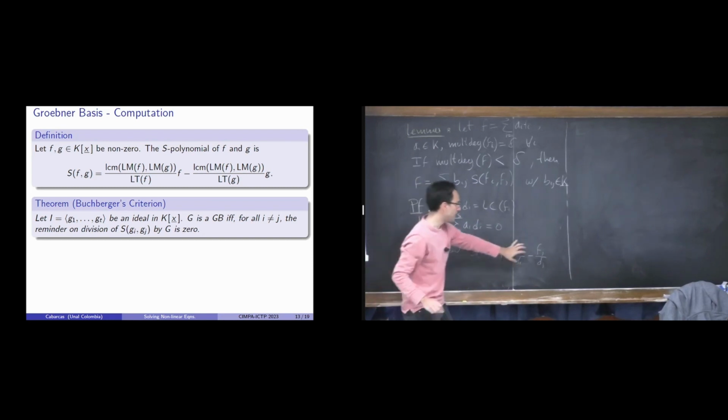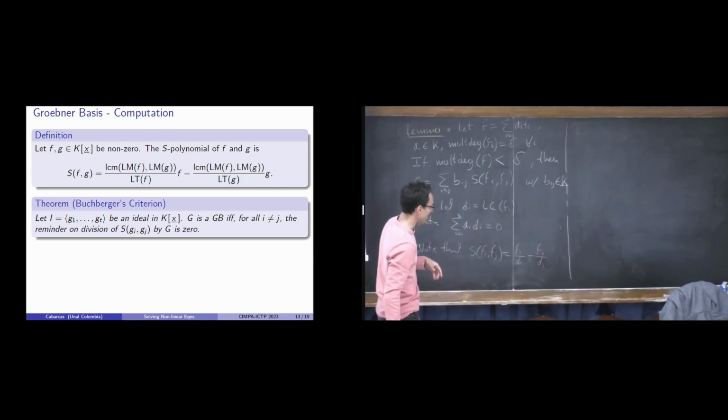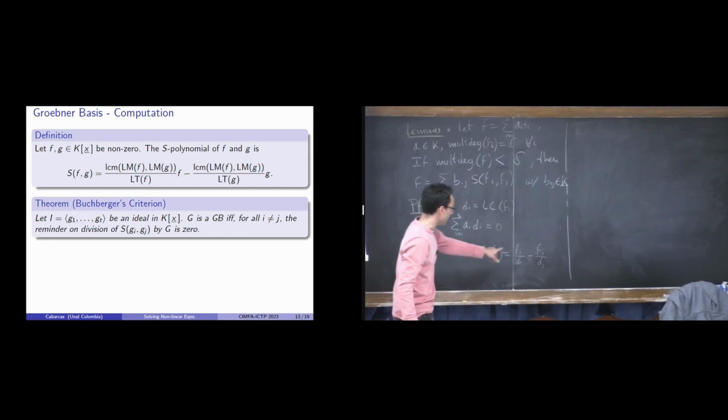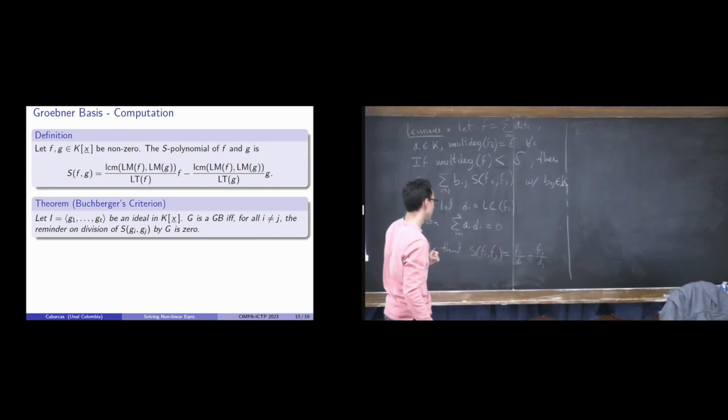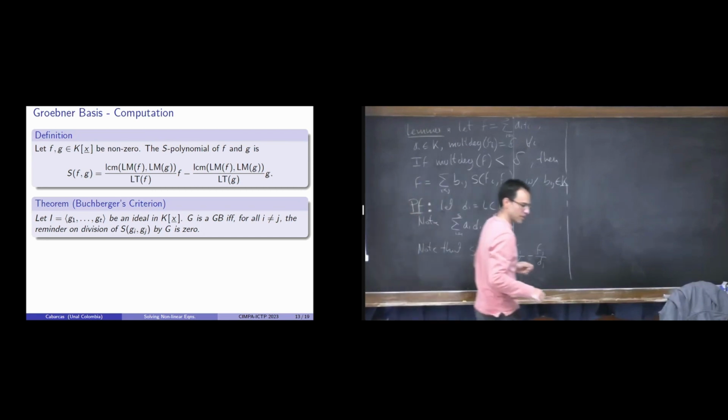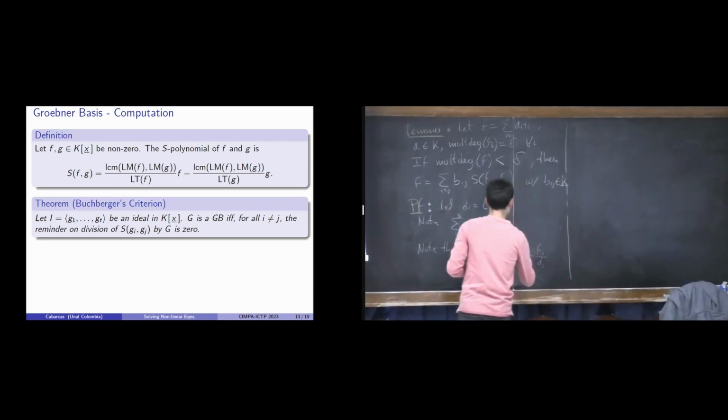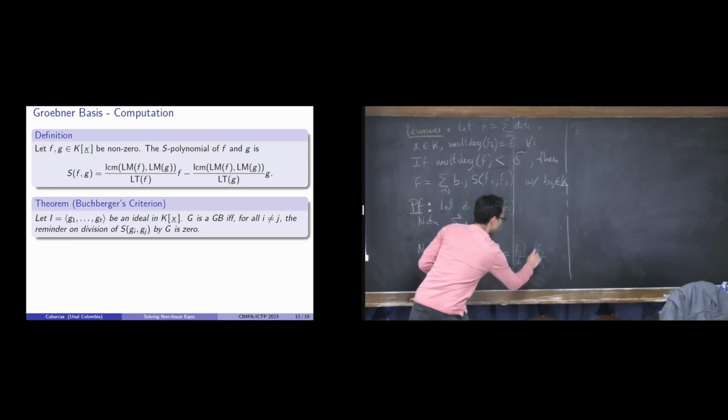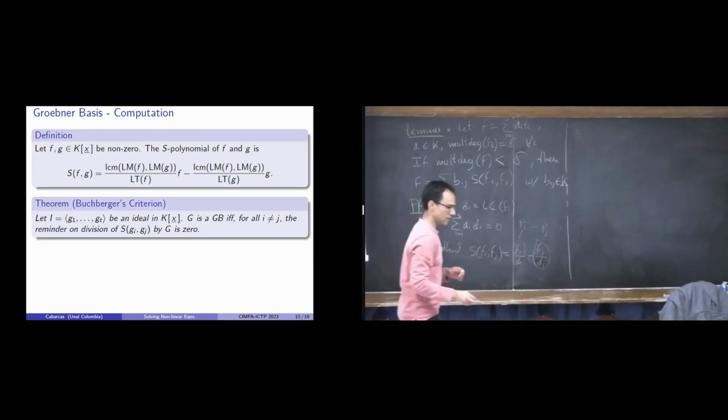So we're making the leading terms coincide. So perhaps we can give this a name. They're going to show up later. Call these p_i and p_j.